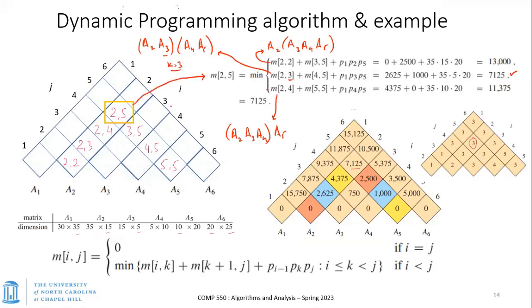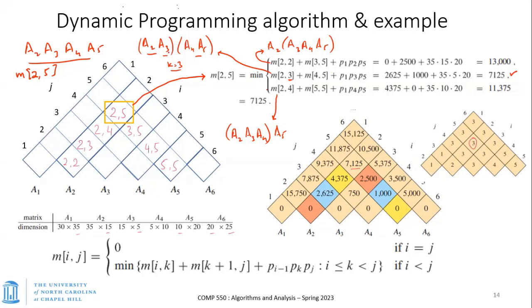M2,5 is going to be the minimum of, well, there are 3 possible ways that you can do A2 to A5. You're trying to compute the minimum possible multiplications to multiply the matrix A2 all the way up to A5, and that problem can be broken down into 3 possible ways of doing the parenthesizations.